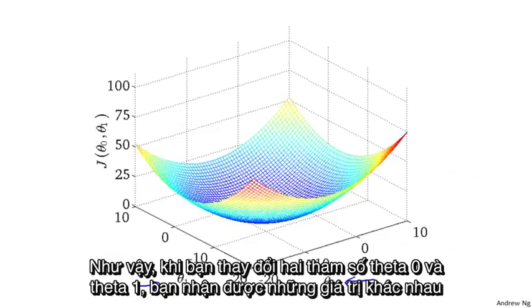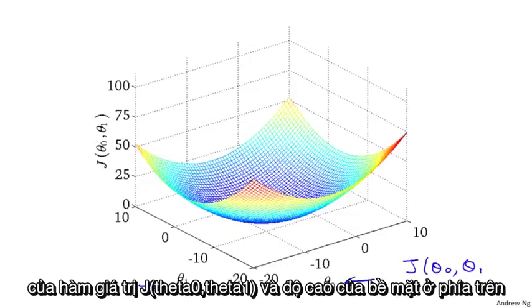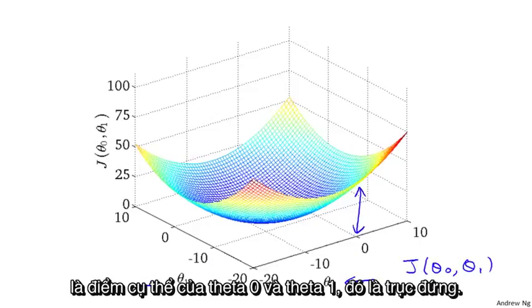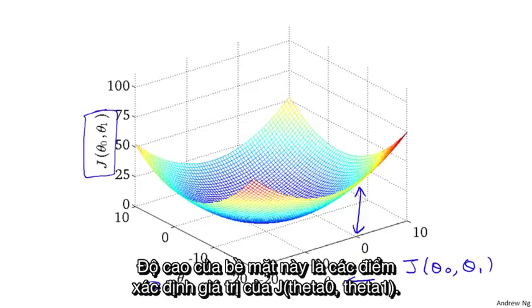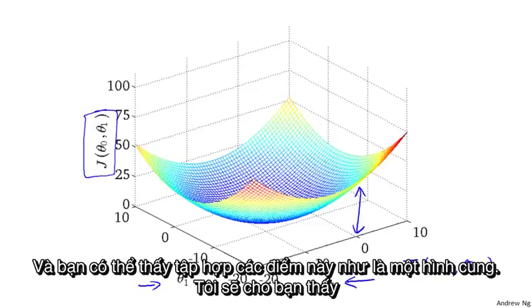As you vary theta 0 and theta 1, you get different values of the cost function J of theta 0, theta 1. And the height of this surface above a particular point of theta 0, theta 1, that's the vertical axis, indicates the value of J of theta 0, theta 1. And you can see it has this bow-like shape.